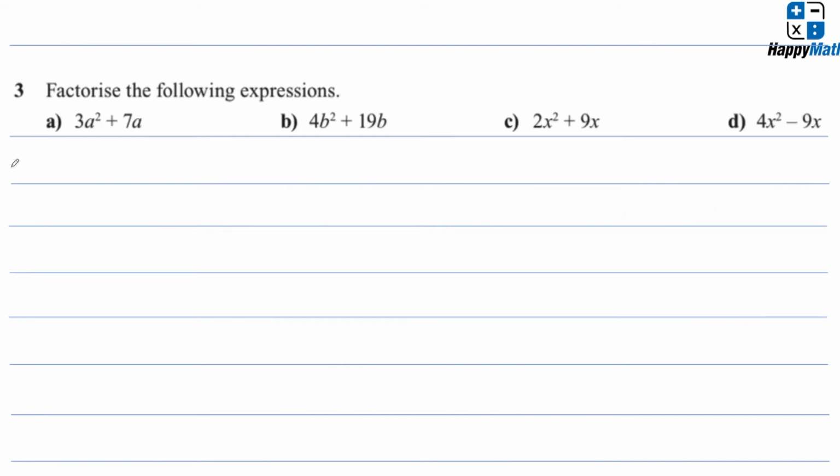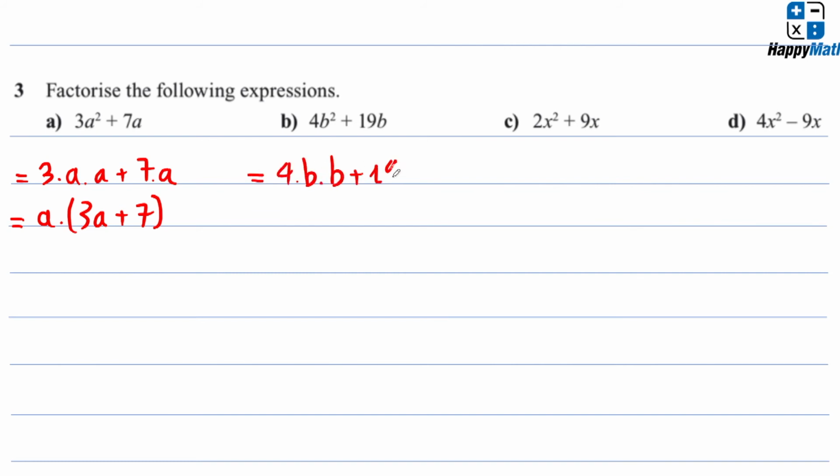Factorizing. Okay, the same thing. You got here 3 multiply a plus 7 multiply a. a is the common factor, something like this. Easy. Okay, 4b plus 19b. b is common, 4 plus 19.